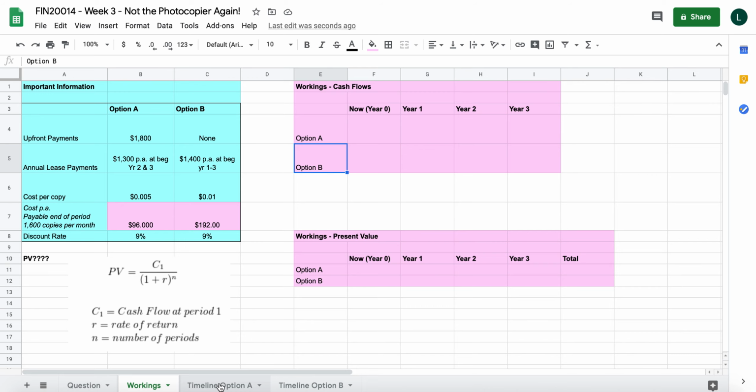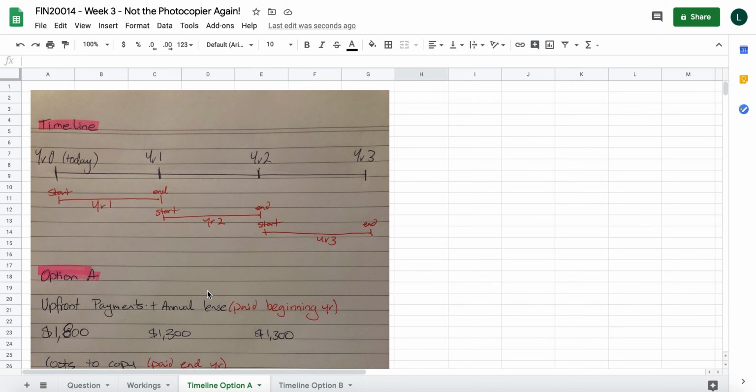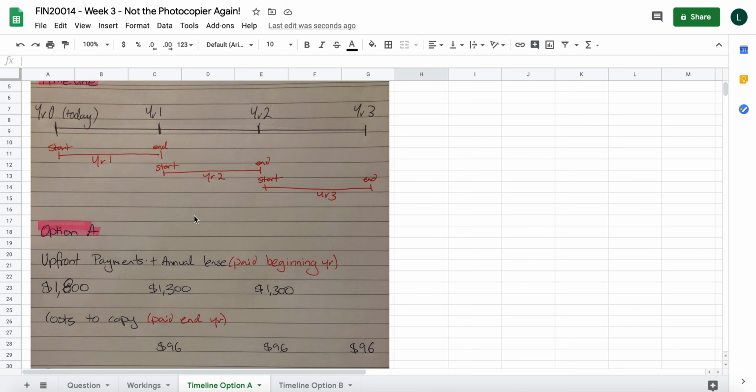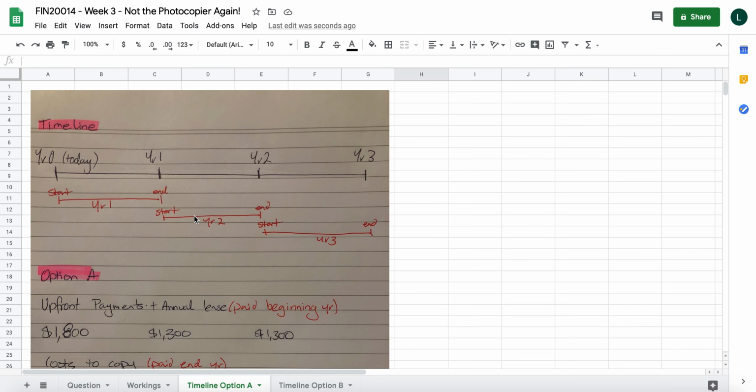So what I've done is created a timeline. I just wrote this out in my handbook and took a photo of it all for you so I can really show you. And I'll also provide you with this worksheet so you can sit down and really dive into it. So up here is the timeline. I always find it super handy to actually draw it out. I've got year 0, year 1, year 2, and year 3.